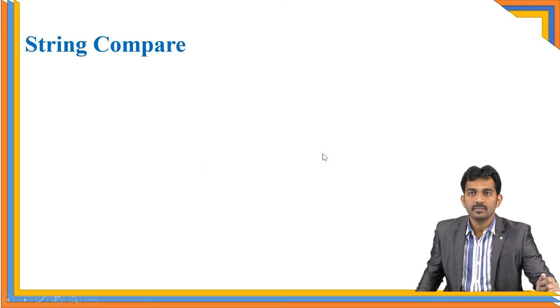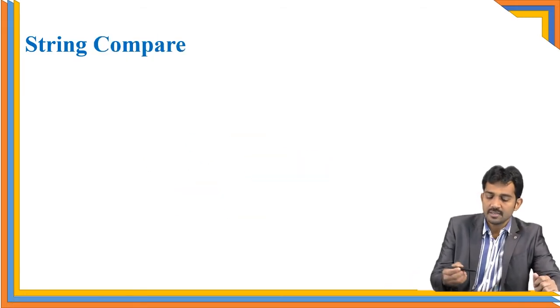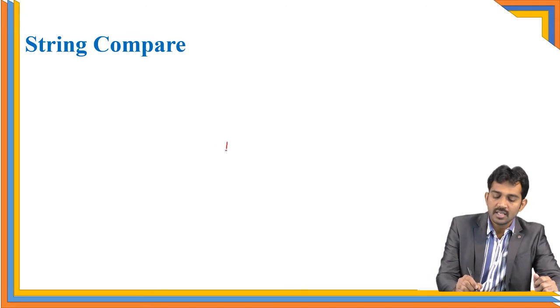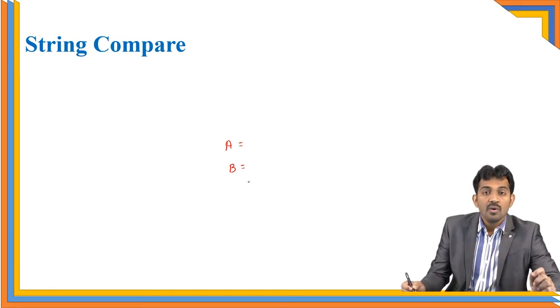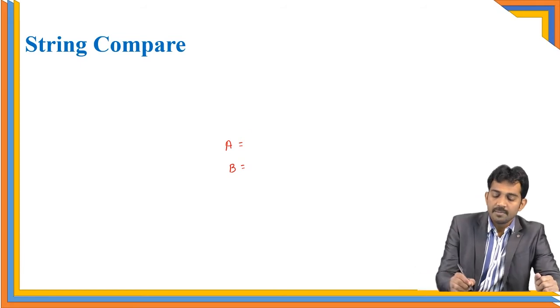Next, string compare means I have 2 strings, string A and string B. I want to find whether these 2 strings are equal or not. See here, I am going to give a small example, ABC and ABC.